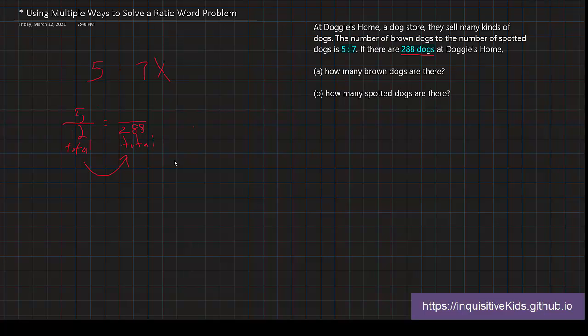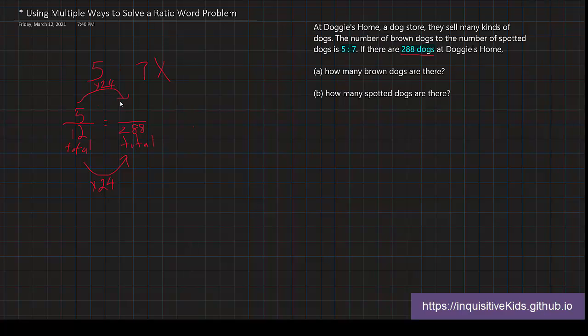Well, as you can see, we multiplied by 24 to get from 12 to 288. So, to keep the ratio an equivalent ratio, we also have to multiply by 24 on the top.